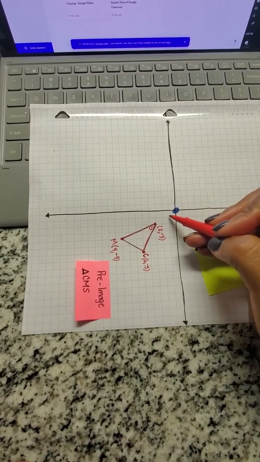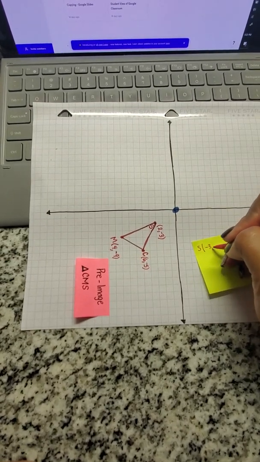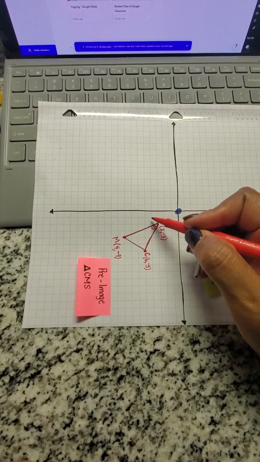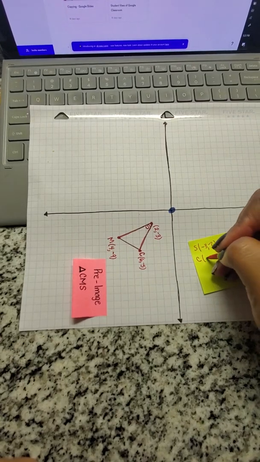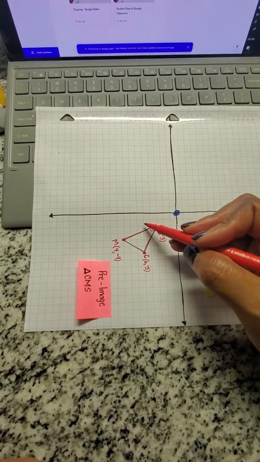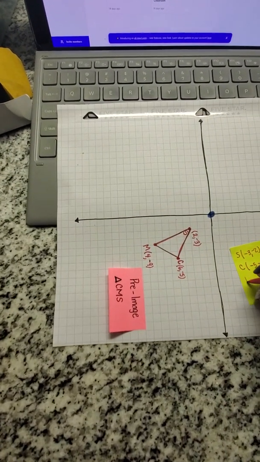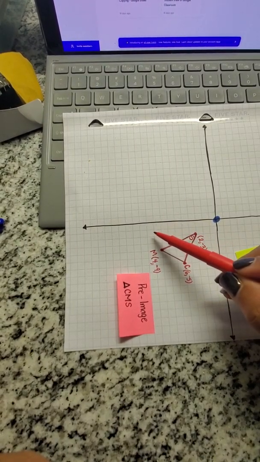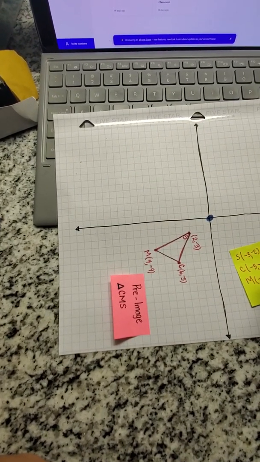S now sits at -3, -2. C sits at -5, -6. And M sits at -9, -4.